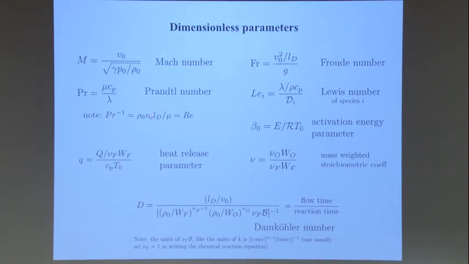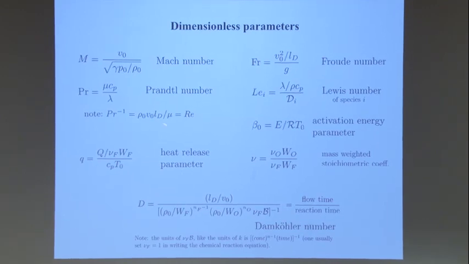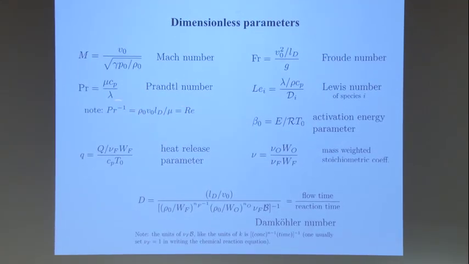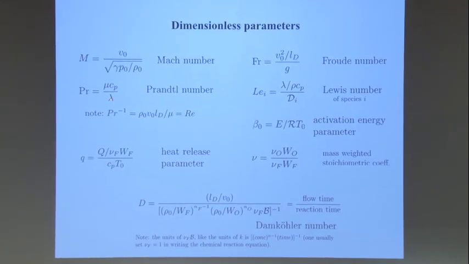So for our length scale, the reciprocal of the Prandtl number is exactly the Reynolds number, because if you choose the dimension, the L_D, which is the diffusion length, which was, remember, lambda over rho Cp, it's not written here, but it was D thermal divided by V naught, right? So if you put that here, then you obtain that this is exactly the Prandtl number, mu Cp over lambda.